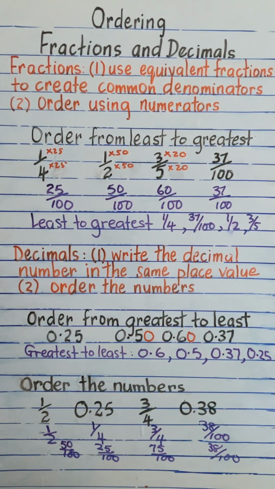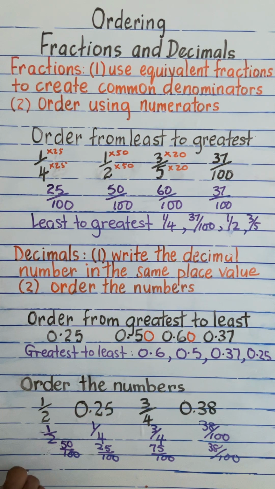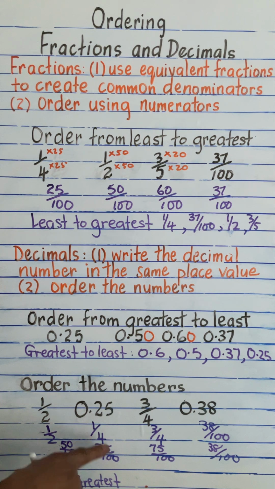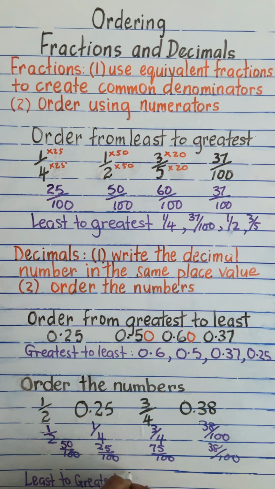So we're saying least to greatest. Least to greatest: 25 over 100, that is 0.25.